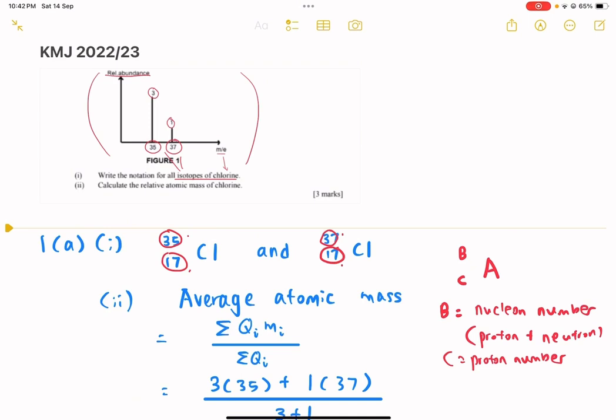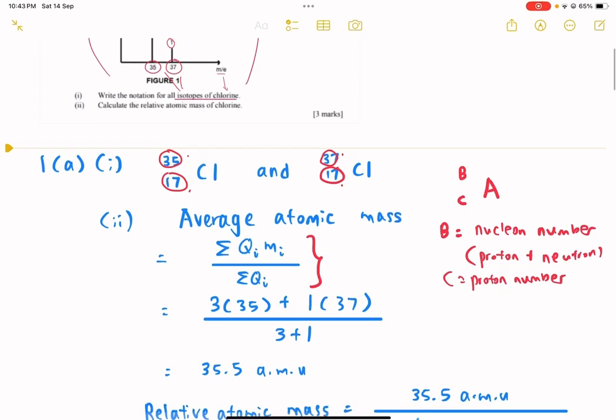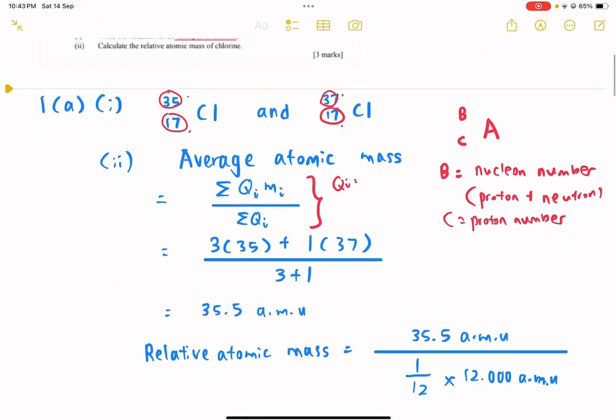Next, we have the relative atomic mass of chlorine. We have to calculate it. As we know, we first have to find the average atomic mass, and to find it we apply this formula, the short form being KMPK, where K is the relative abundance and M is the mass.